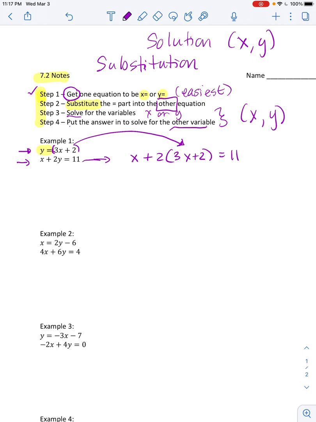So I'm rewriting this bottom equation and substituting in the thing that is equal to y. Because what you need is one equation with one variable, meaning one letter, instead of what we had to begin with, which was two equations with two variables. So we need one. Now we go ahead and solve.